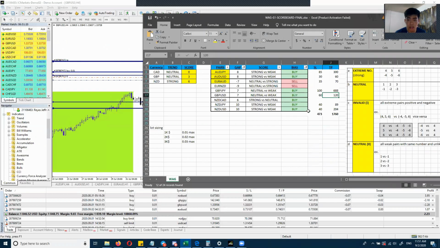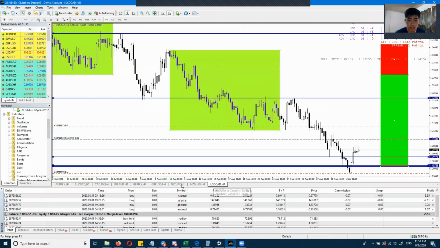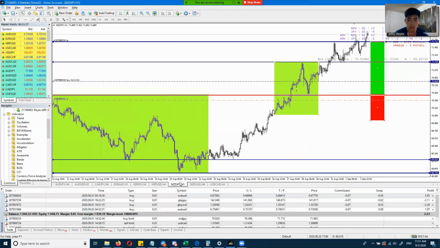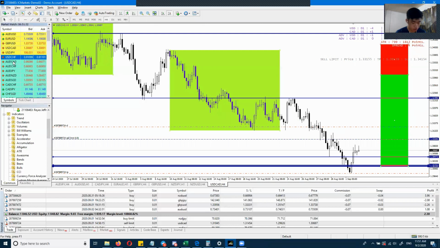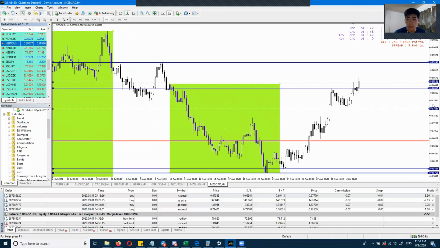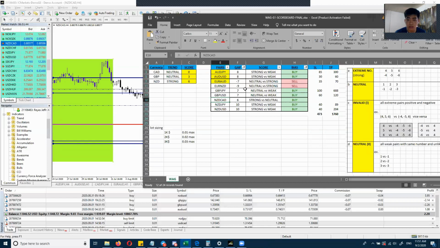Next is NZD CAD. So this is a buy. This is a buy NZD CAD.